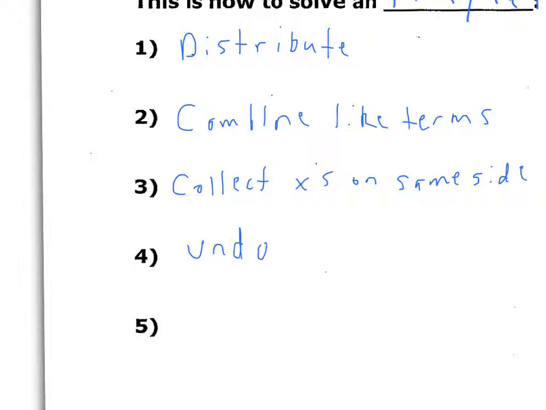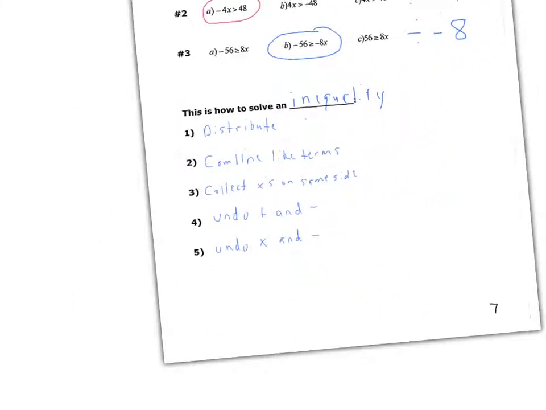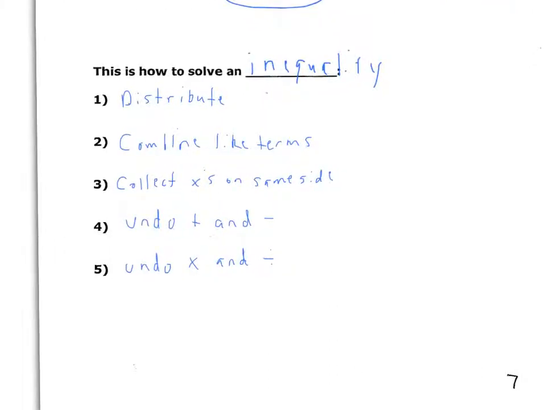Step 4, undo addition and subtraction. And lastly, undo multiplication and division. So here's our 5 steps that we should be familiar with from solving equations, except now we're going to apply them to solving inequalities. Okay, so make sure you have these steps down, and then we will do a few examples.